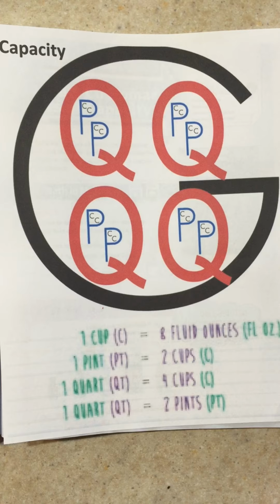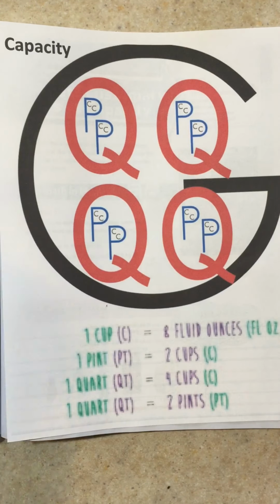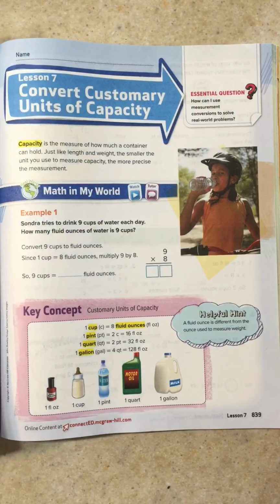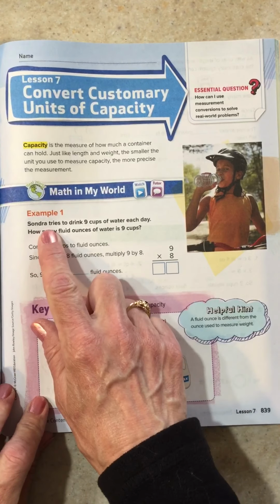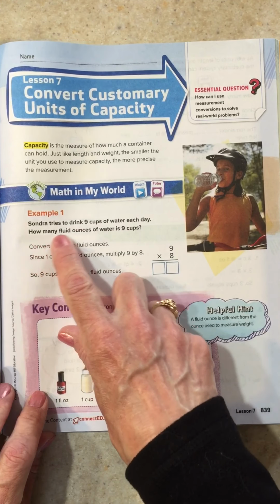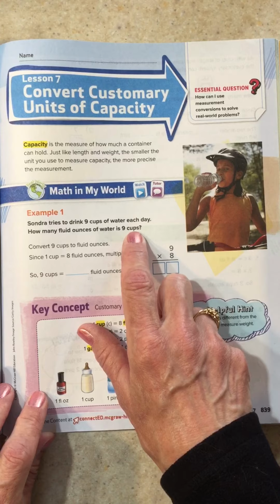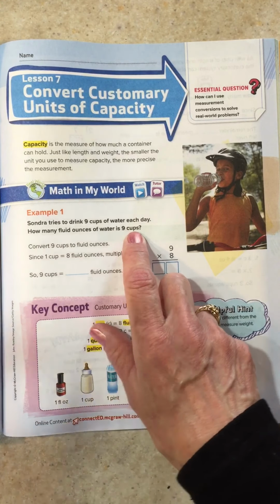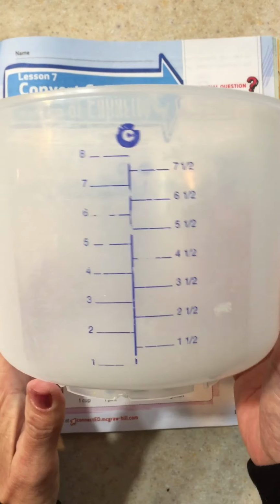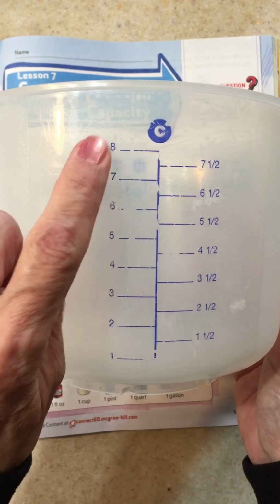So here we go. An ounce is your smallest unit of liquid measurement, fluid measurement. If Sandra tries to drink 9 cups of water each day, how many fluid ounces of water is in 9 cups? Now here's another one for you. This is my measuring cup for 8 cups.